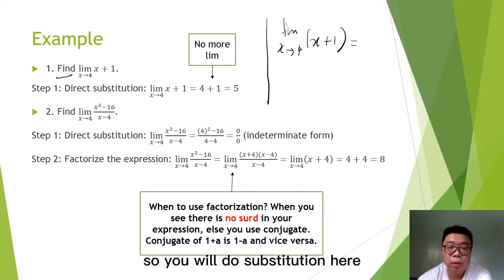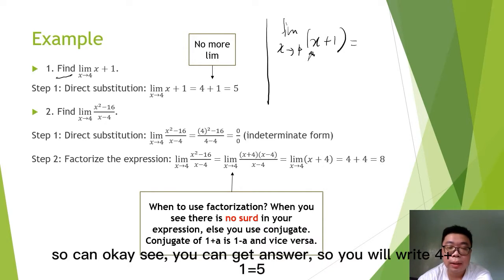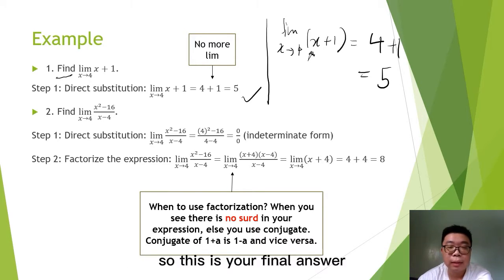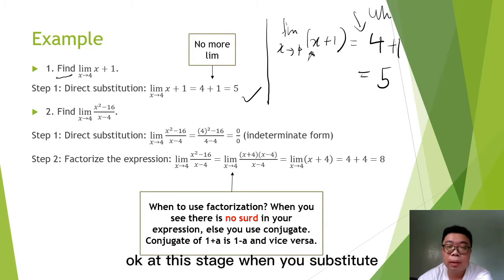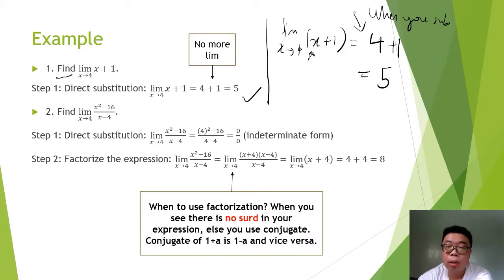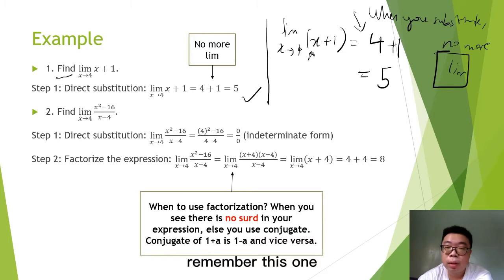So we will do substitution here. Can you get the answer? Okay, you can get the answer. So you write 4 plus 1 equal to 5. This is your final answer. At this stage, when you substitute, there is no more limit. Remember this one.